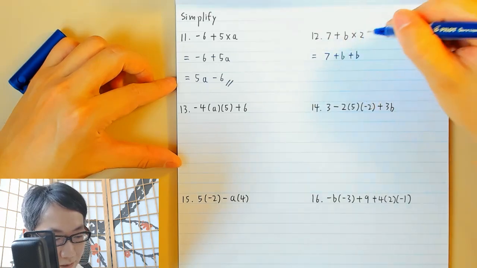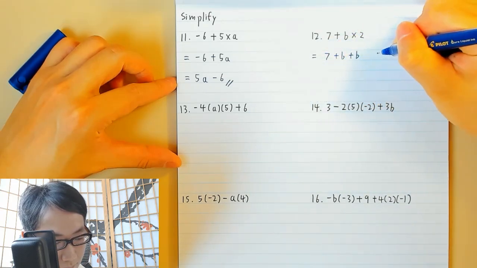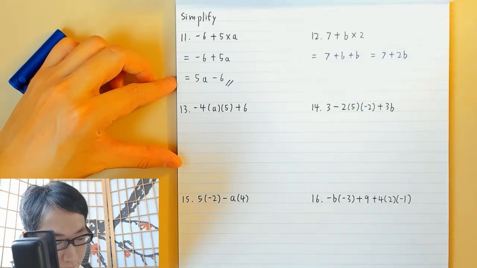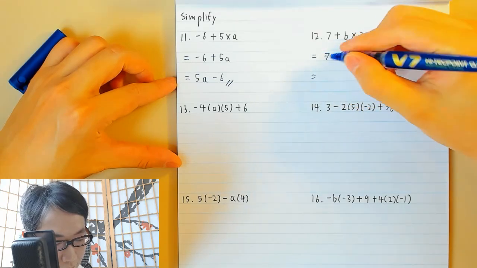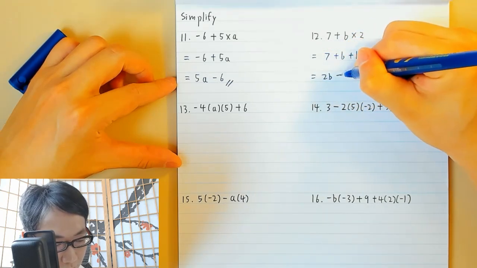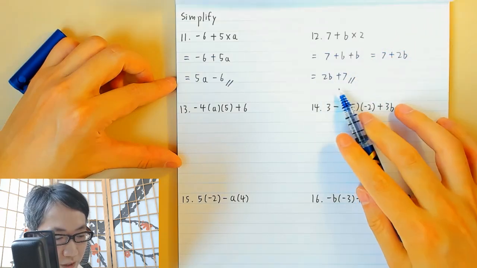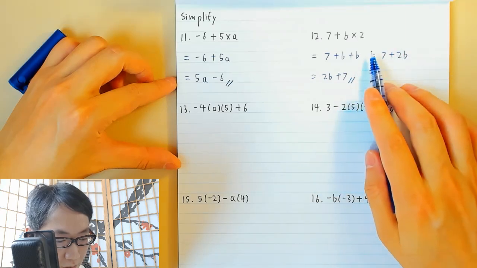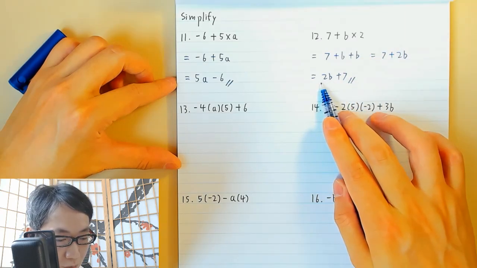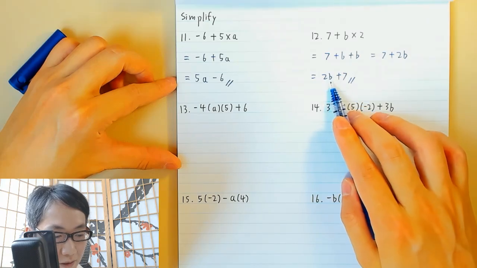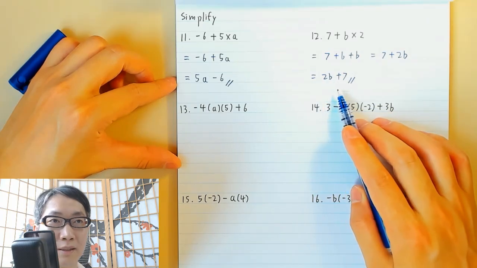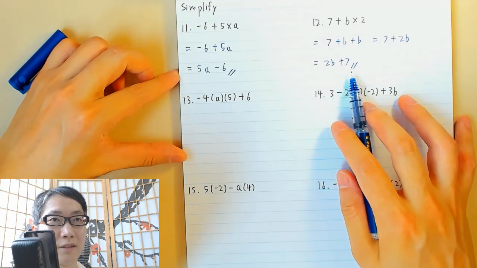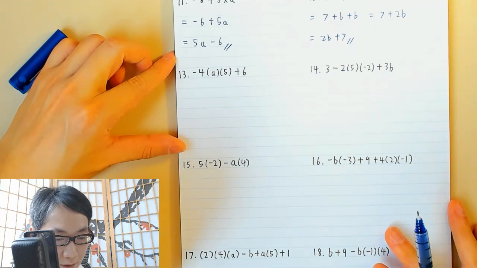Then this is 7 plus 2b, and we have 2b plus 7 after rearranging. Okay. So this 2b means positive 2 times b. The times is omitted. Don't even need a bracket. Okay. And we always write 2b, but not b2. Okay. It's a convention.